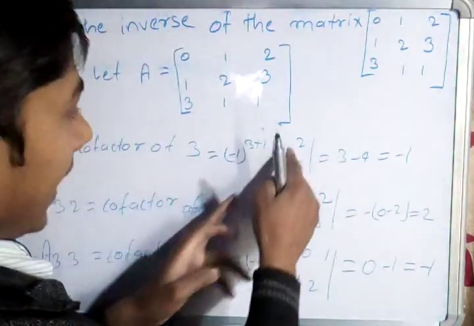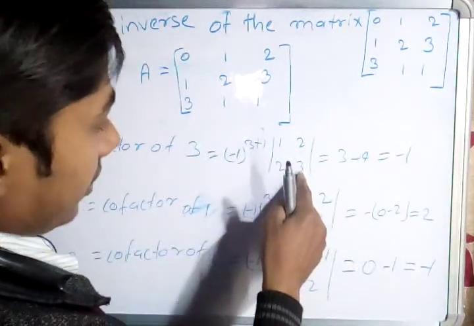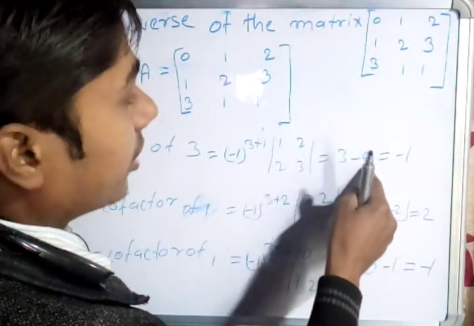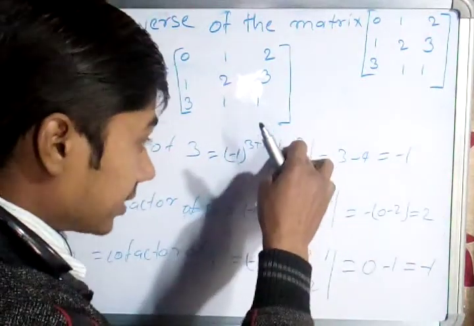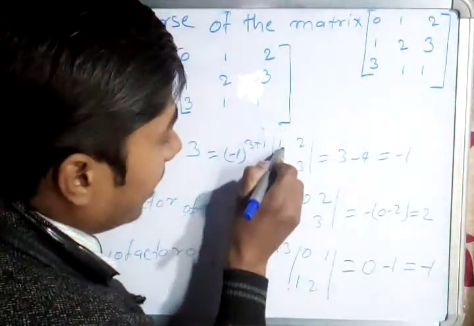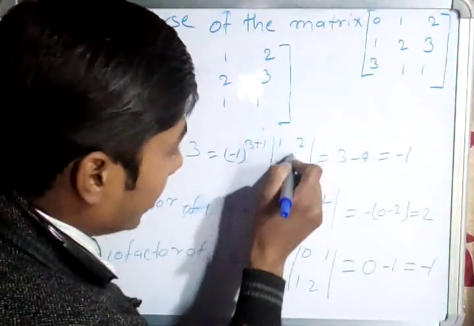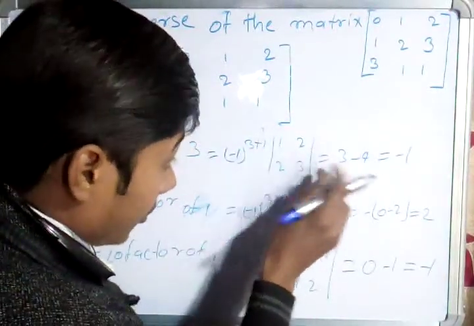Then we write 1 2 3 2, which is equal to 3 minus 4, equal to minus 1, multiplying 1 by 3 and 2 by 2, which is 4.